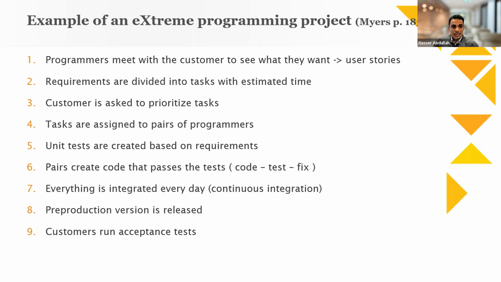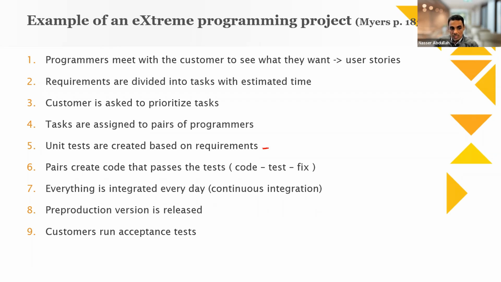Tasks are assigned to pairs of programmers, so each two programmers will take one task. Unit tests are created based on the requirements. Then the pairs create code that passes the tests. Here, if you see, this is the first point we mentioned: we have the test first, and then the code.